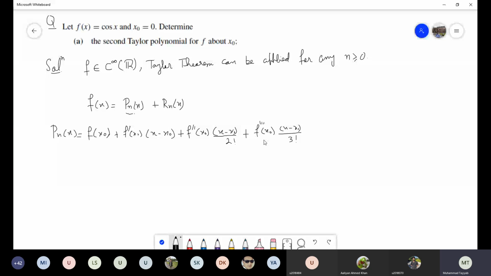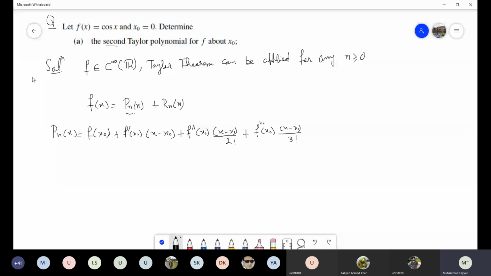But here the question says to find the second Taylor polynomial. Why have I written the 4 terms? Can anyone tell me the answer? Think again.